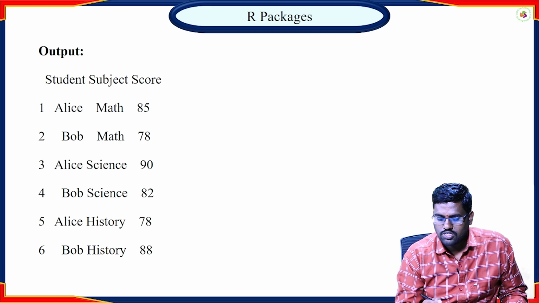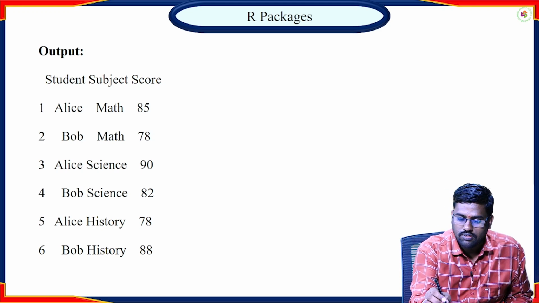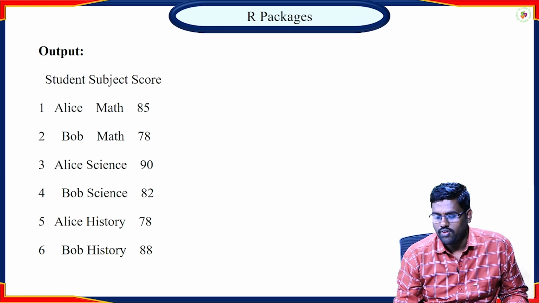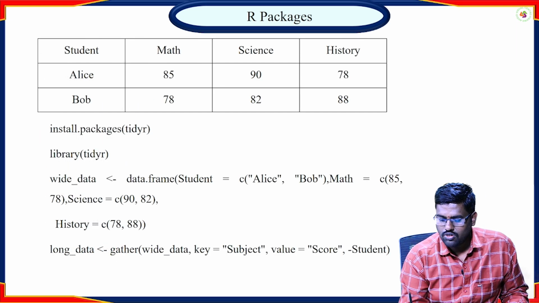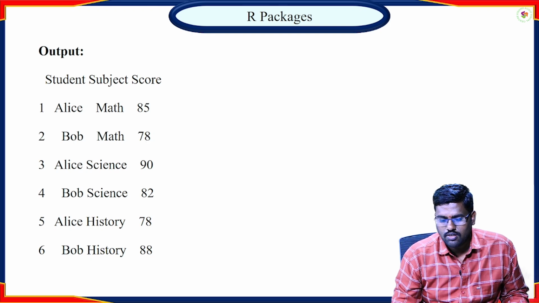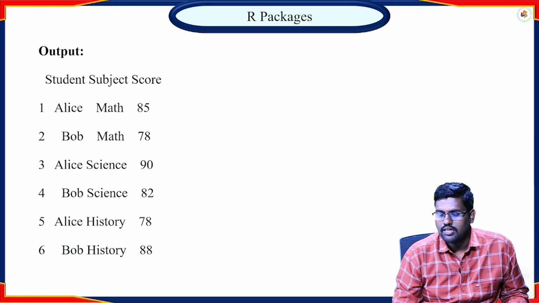Based on our subject name and the score, the values will be displayed. Key equal to subject, along with value equal to score. So based on the subject and score, the student values will be displayed. First two students are there, Alice and Bob, along with the subject names and values. After finishing the first one, it will display science and next it will display history.